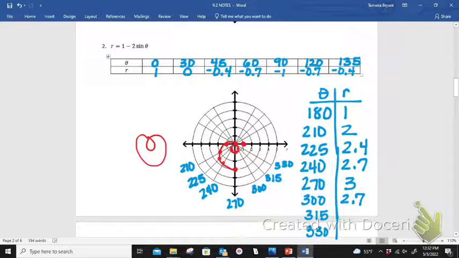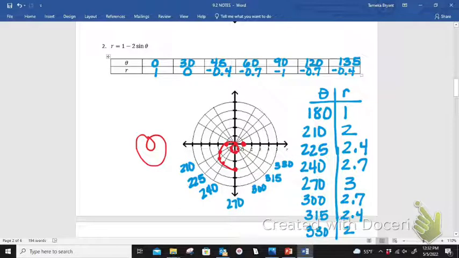So I got 2.7. Two point four. Two. So let's go ahead and plot those points in.